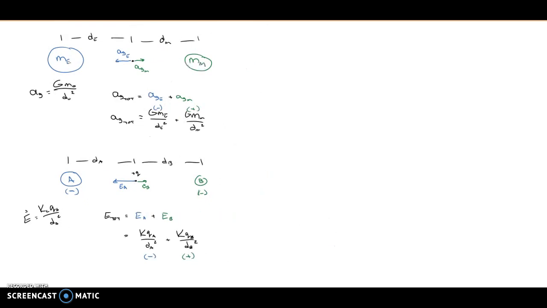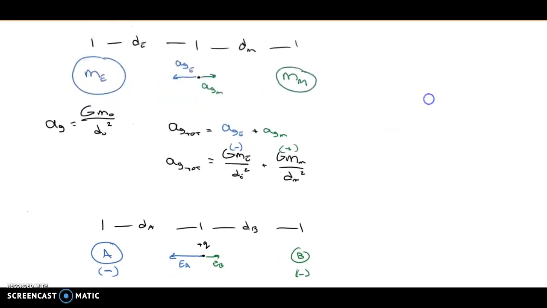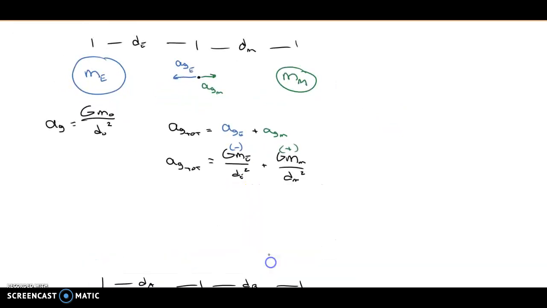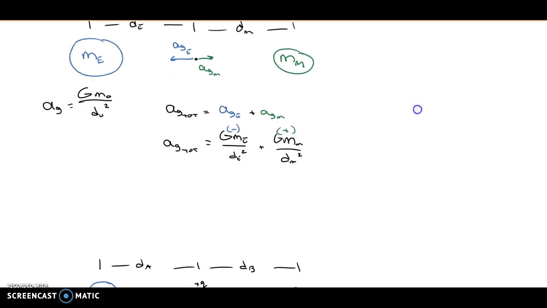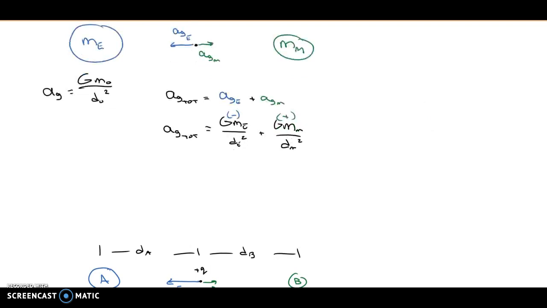Now, where I want to go from here is actually figure out what forces these objects will actually feel. And this is where we have to go back to what we've done with gravity before. So if I create a little bit of space here, and I have a gravitational field in between the Earth and the Moon, well, that object is going to accelerate.